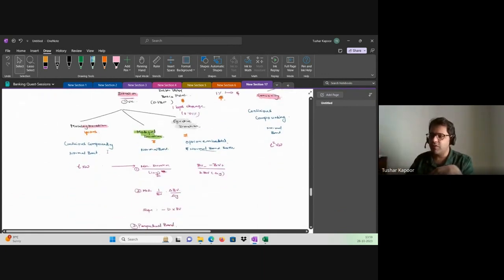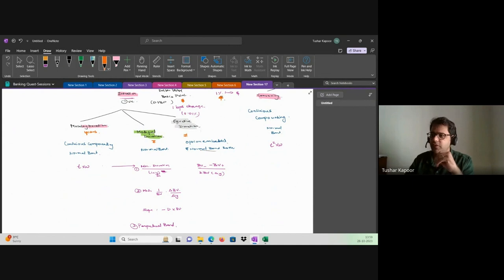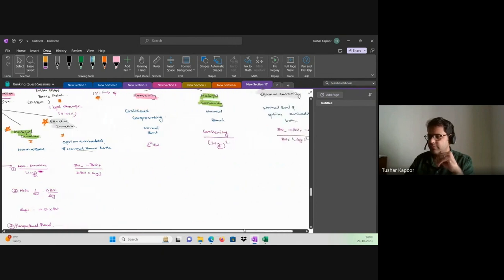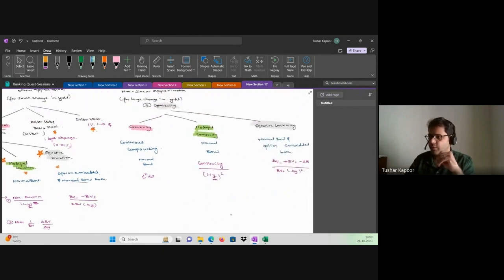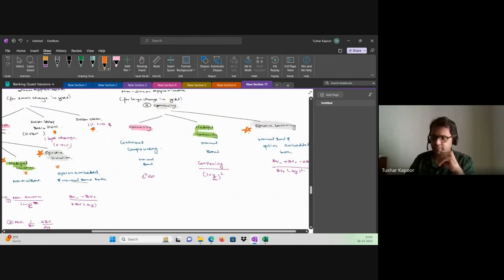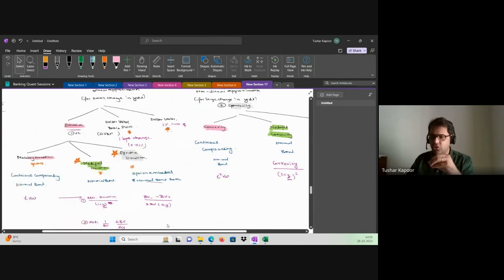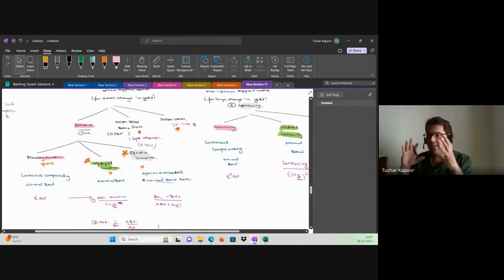The most important version for us from an exam perspective would be this, and this. Rest of the things I'll also teach you because they're there somewhere in the book. They've mentioned all these approaches, but I'm focusing on what is more important.